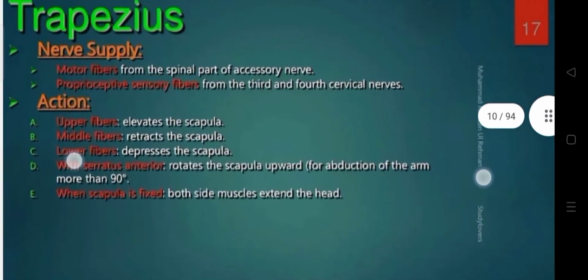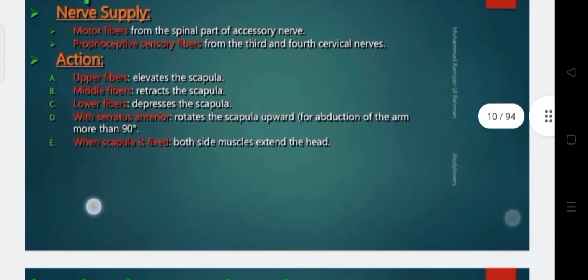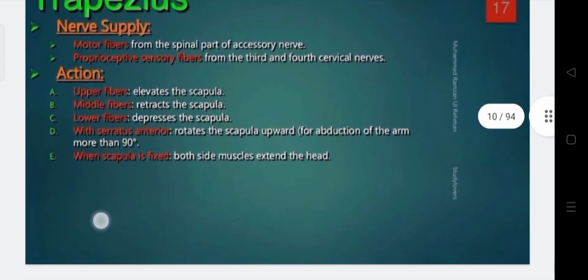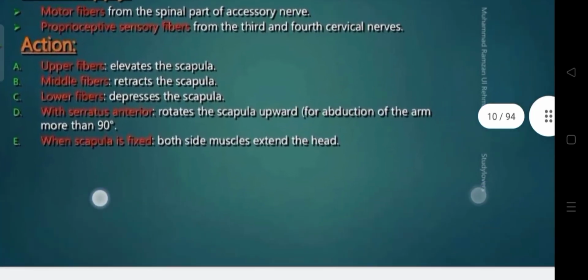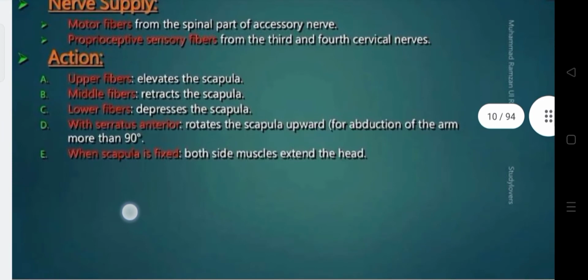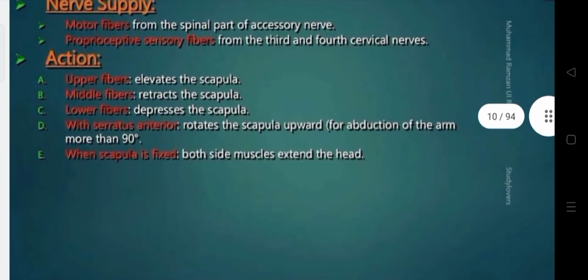Next muscle is the trapezius. Trapezius, it has got two types of nerve supply from the spinal part of accessory nerve. It's the motor fibers, and it also receives the proprioceptive sensory fibers from the third and the fourth cervical nerves. And its action is accompanied by three different categories of fibers.